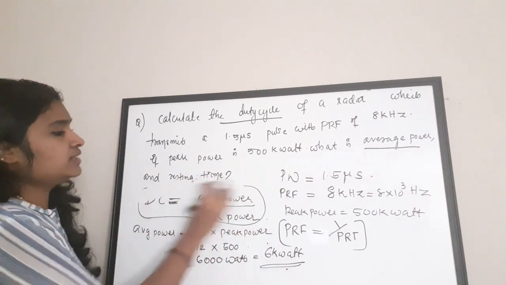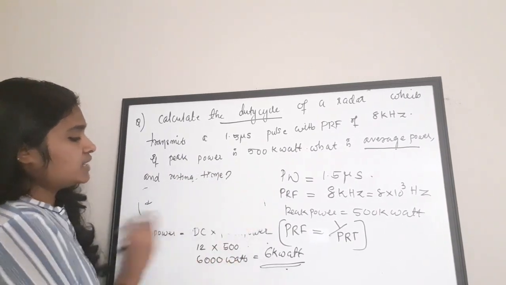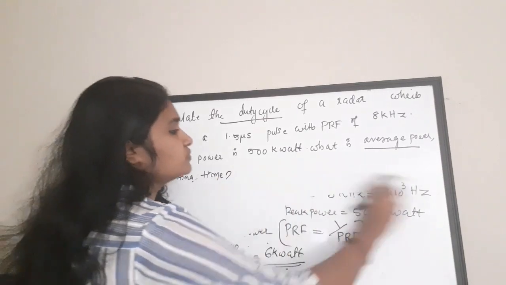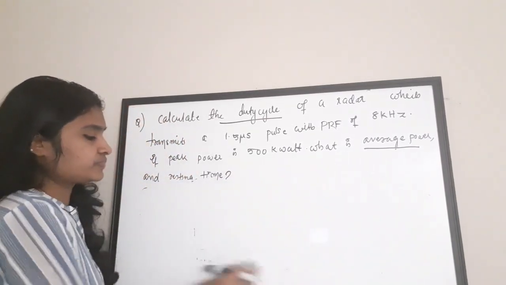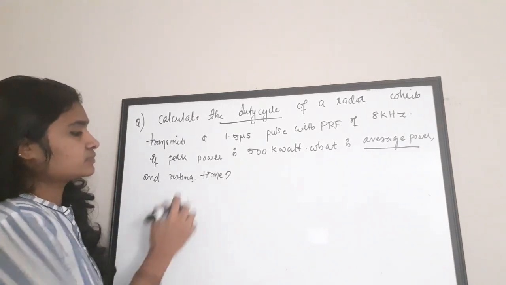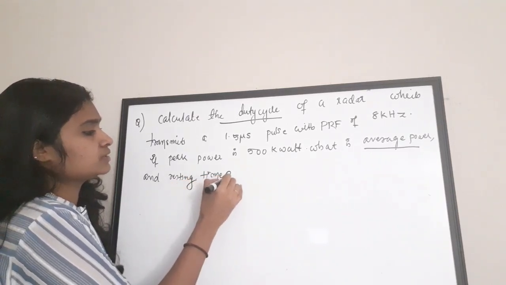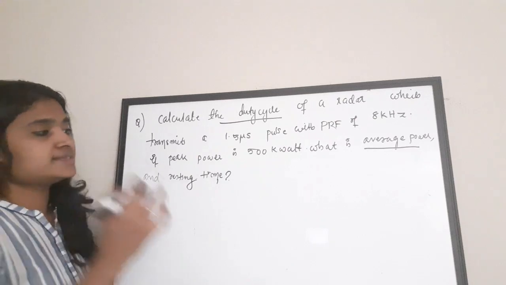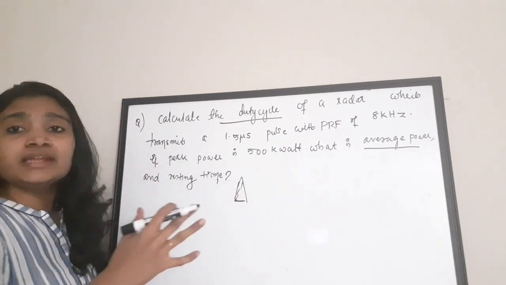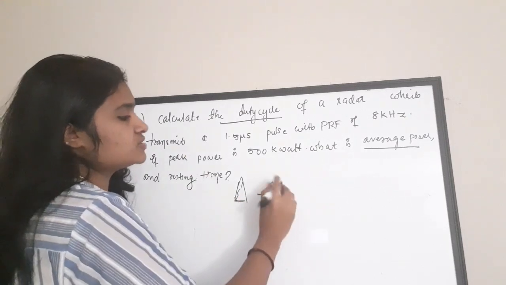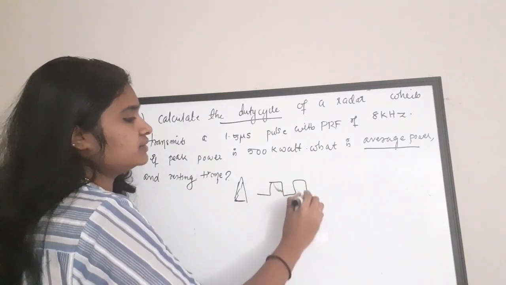Next, we need to find the value of resting time. Let us first see what is resting time. Let us consider that this is a radar. This radar is sending pulses. Like this, the pulses are being sent.